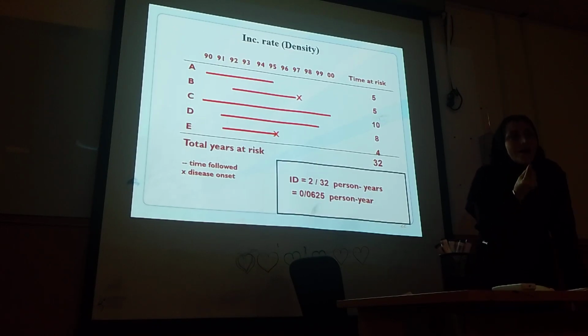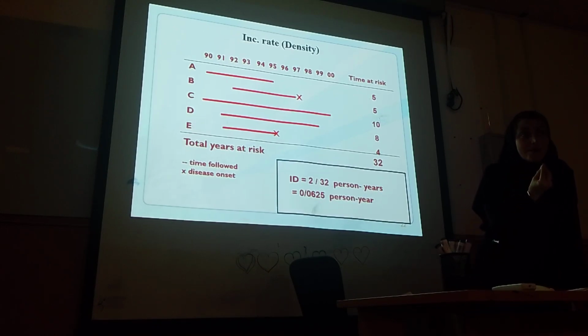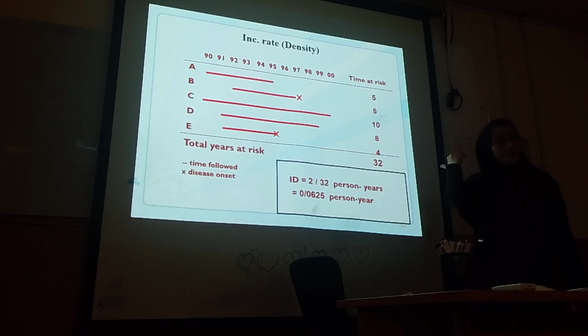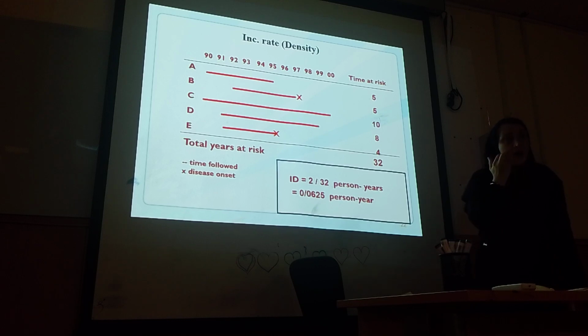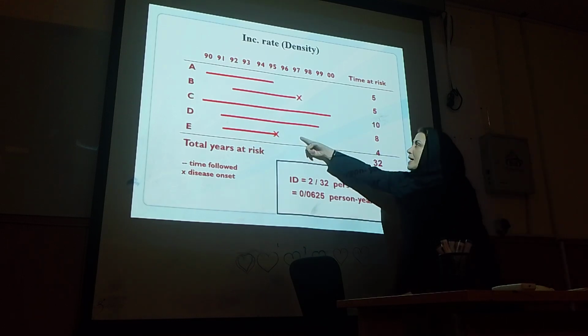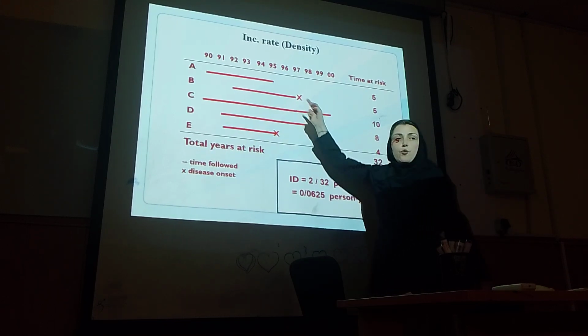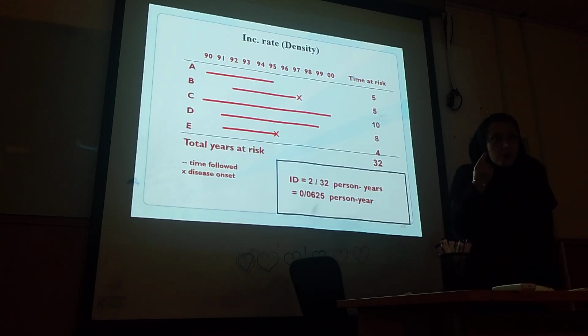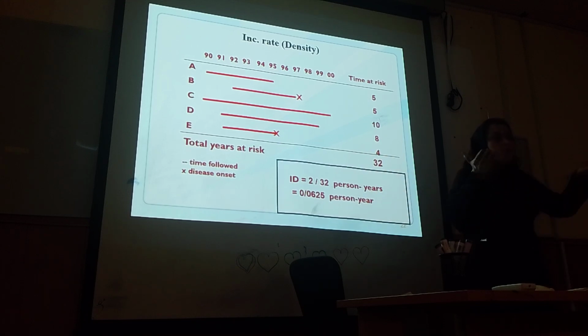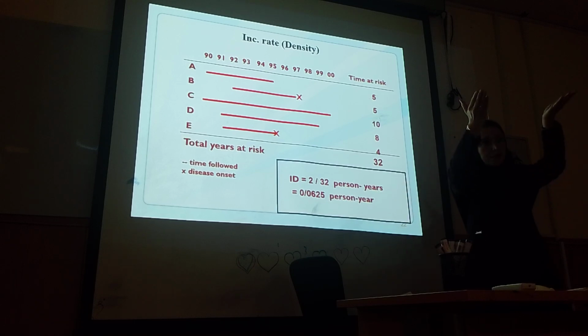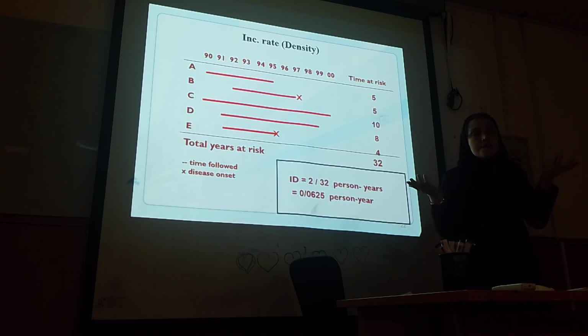It is a kind of incidence, but it is totally different from the previous one. In the previous type, I told you we have, for example, 5 people, and among these 5, we have 2 events. That was a kind of proportion, because the denominator was the number of total participants and the numerator was the number of events.